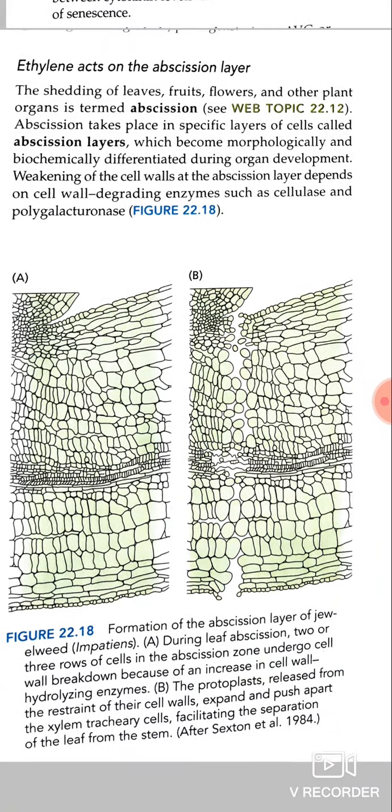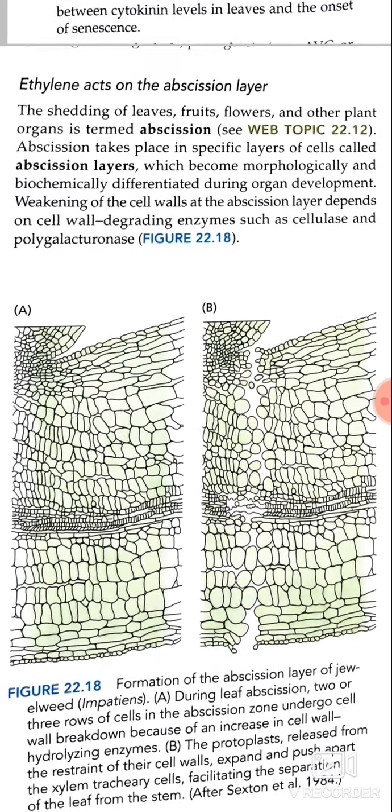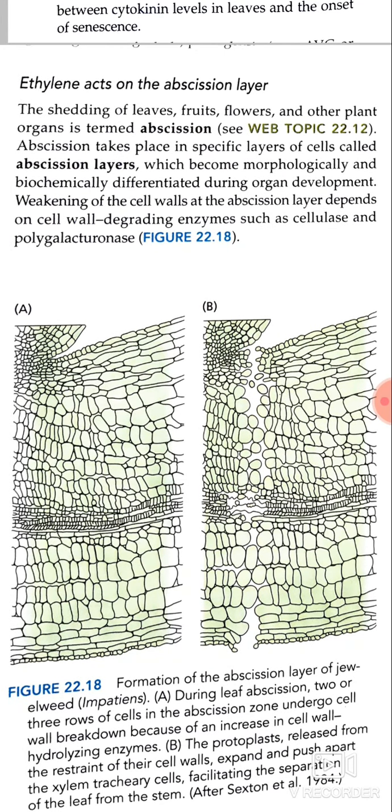Ethylene acts on the abscission layer. The shedding of leaves, fruits, flowers, and other organs is termed abscission. Abscission takes place in specific layers of cells called abscission layers, which become morphologically and biochemically differentiated during organ development.